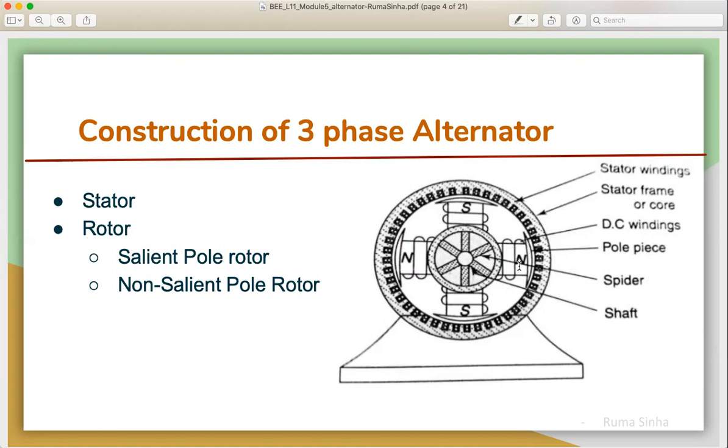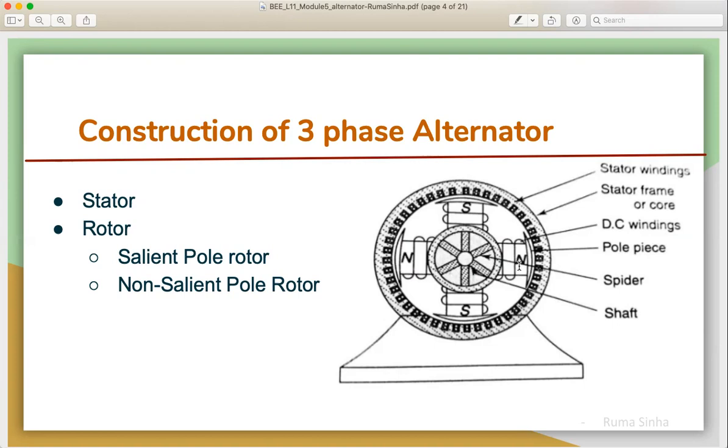When we use our right hand, pointing the thumb outward, if the direction of the fingers points towards the direction of the current flow, then a magnetic field will be produced in the direction of the thumb.